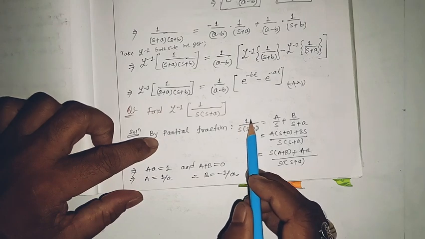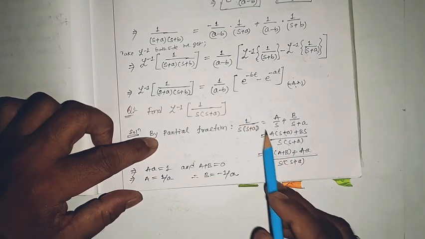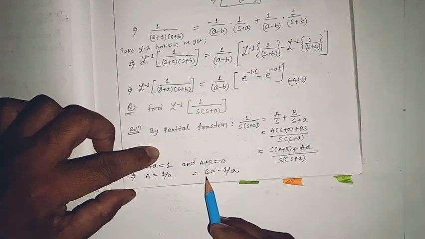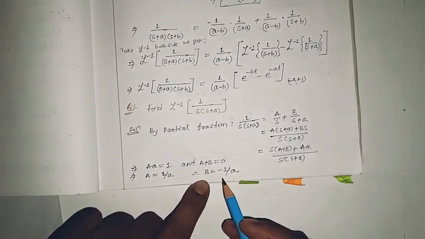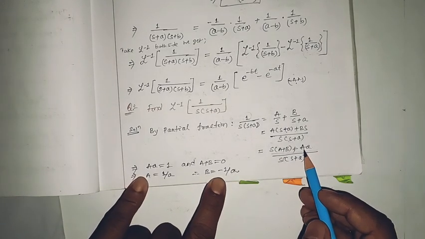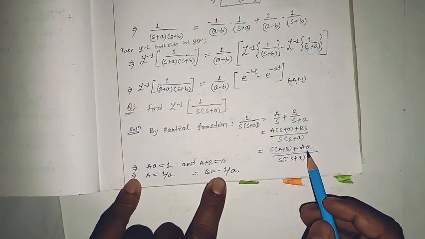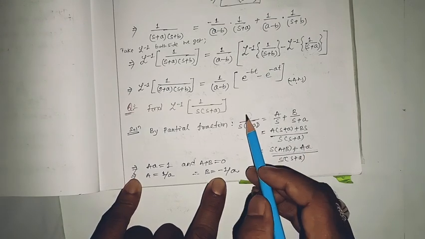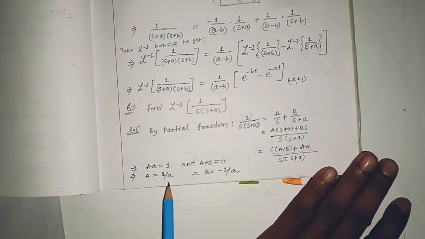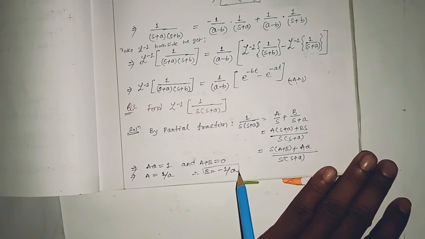If I compare the LHS and the RHS, the s term is not there, so the coefficient a plus b will be equal to 0, hence b equal to minus a. So here you can get that a, this constant is nothing but 1, a equal to 1, so a value will be 1 by a. So here b equal to minus a, that means b equal to minus 1 by a.